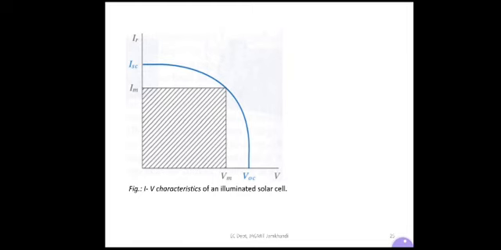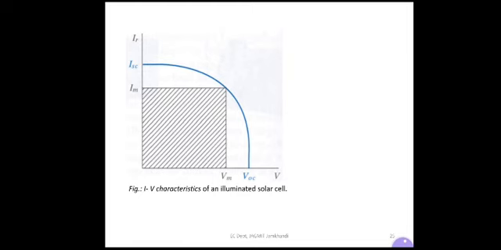As you can see clearly from the figure, the ISC VOC product is maximum, whereas the shaded part is less than that. That's why the maximum delivered power is less than the product of ISC and VOC.